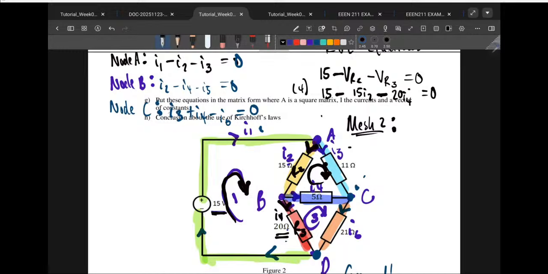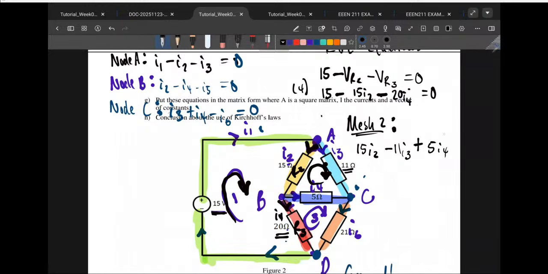Then here we have 11 and I3, but they are facing the same as us, so it's going to be minus 11I3. Then we have I4 times 5, and we are going against it, so it's positive, plus 5I4, equal to 0. This becomes equation number 5.